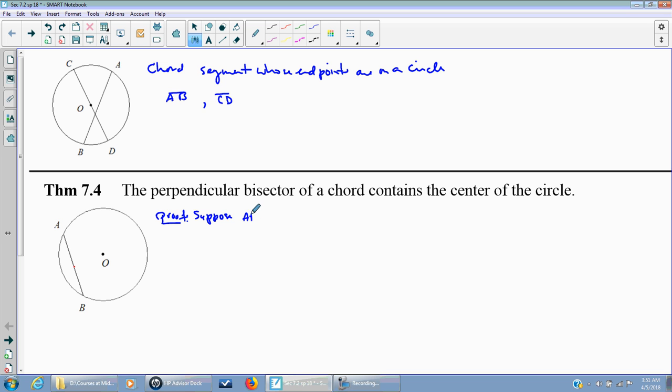Suppose AB is a chord of a circle with center O. We could just refer to this like the book does as calling this circle O, just by naming the center. Okay. Now, let C be the midpoint of AB.